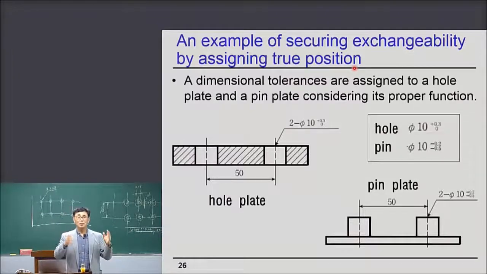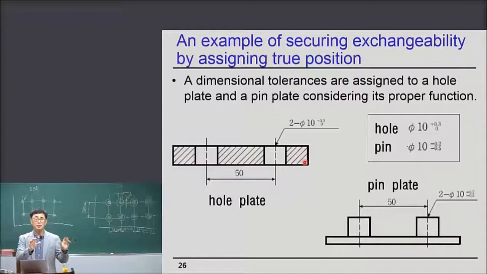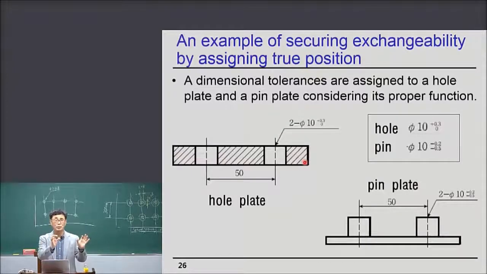So only using dimensional tolerance you can do it, if it's just one pair. But now this part has two pins and two holes, so you have to use dimensional tolerance and also geometric tolerance, in this case true position.